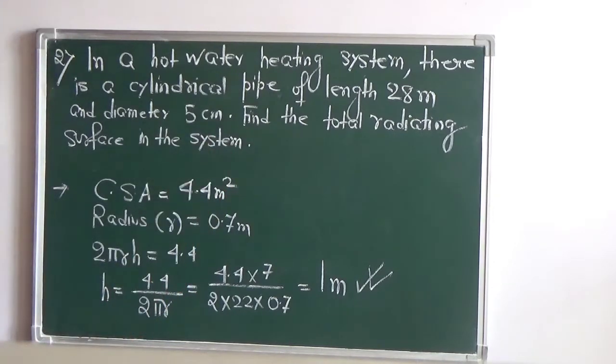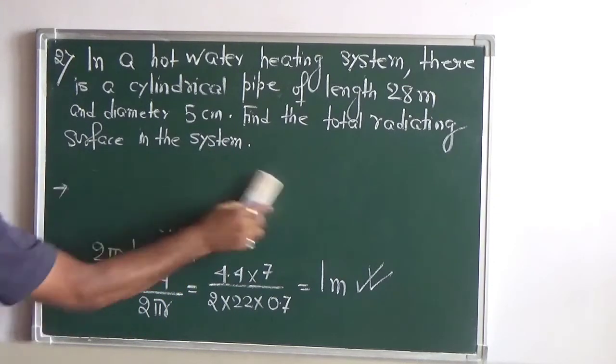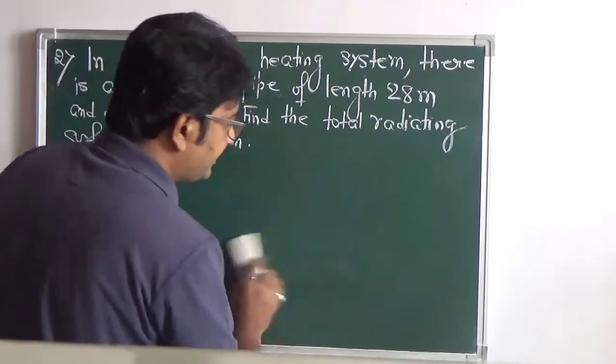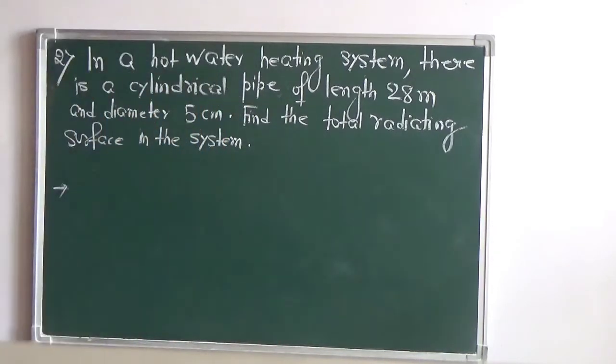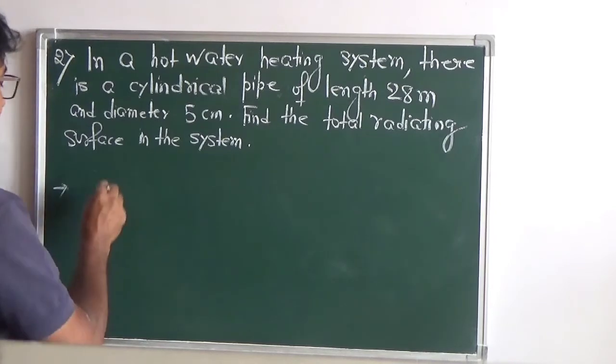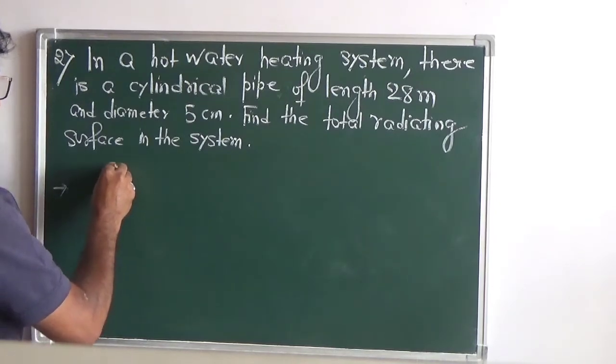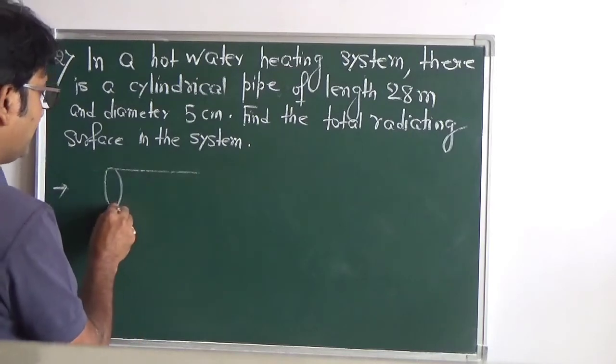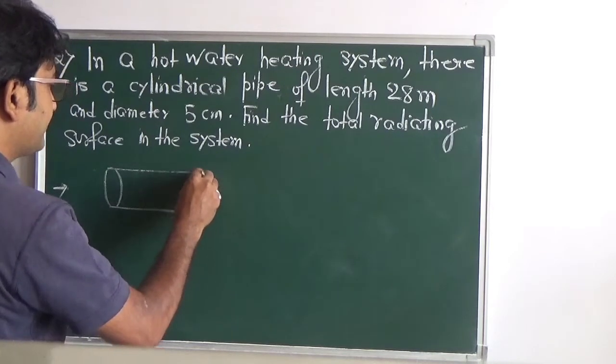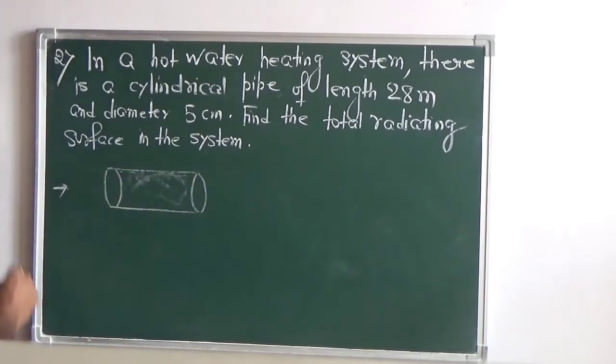So this water heating system is in the cylindrical form, and if you have to find the total surface of the radiating system, that obviously will be the curved surface area. For example, this is the water heating system, and this is the part which is radiating the heat energy. So we have to find the curved surface area. The same formula we will write.